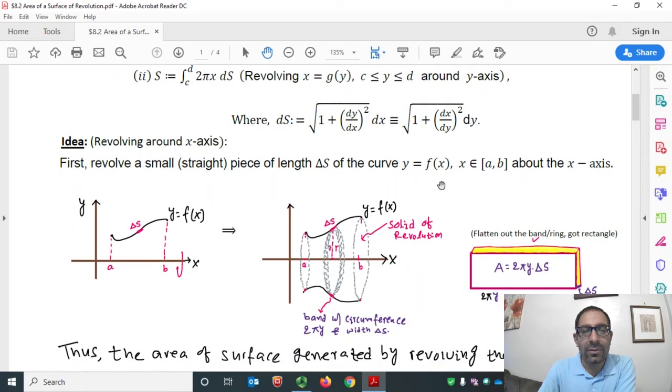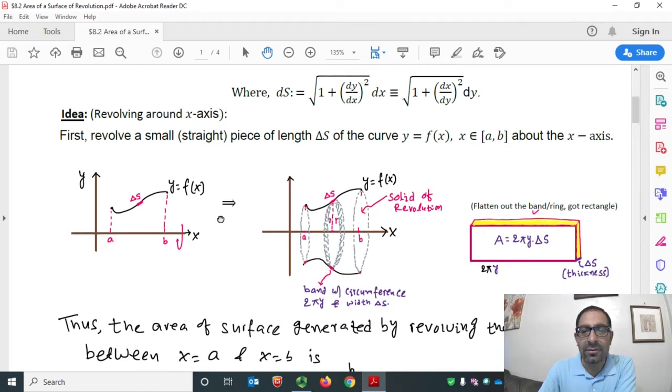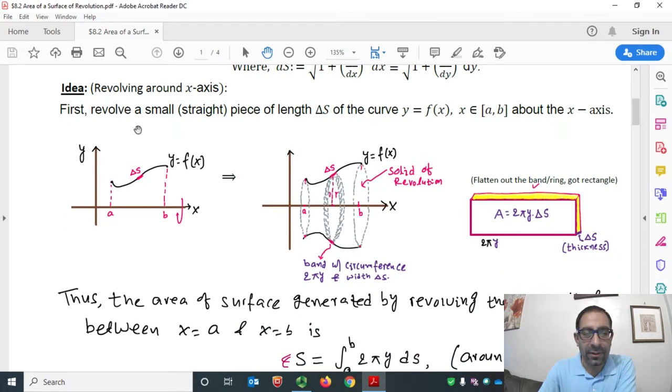Now let me go over the idea of how we got those formulas. First, revolving around the x-axis. Let me scroll down. First, revolve a small piece of length delta s of the curve given by y equals f(x) bounded in a, b about the x-axis.